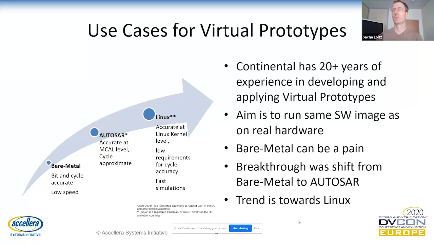So we said, okay, we have this capability here, let's try it out, whether people can work with it. And it worked out quite seamlessly. The reason is that with the Linux kernel, you have an even better level of abstraction that you can choose, and therefore require less accuracy and can use even faster simulations. So this worked very well.